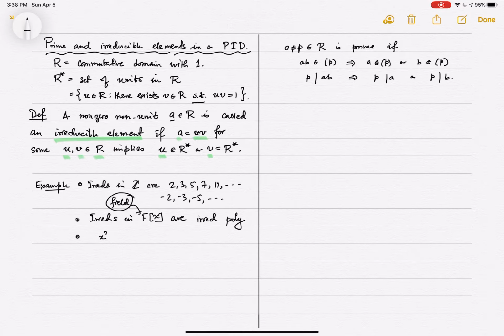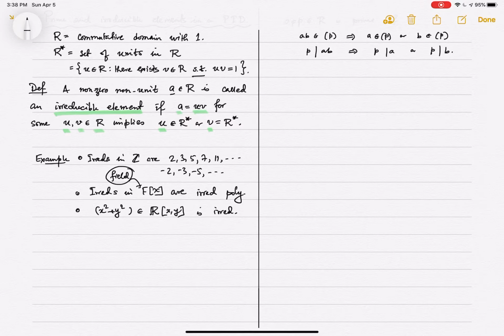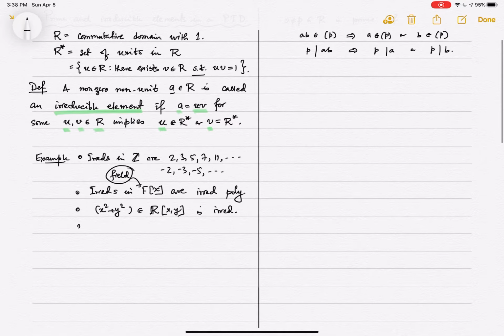So for example, this polynomial in two variables with real coefficients is irreducible. You can check. Maybe this does require some work, but you can see that you cannot non-trivially factor it. Whereas this one is not irreducible if you consider it with complex coefficients, because you can factor it non-trivially.